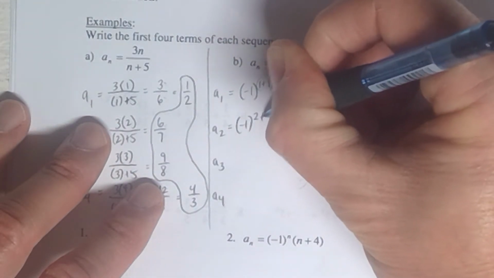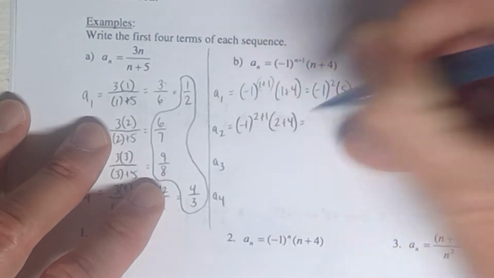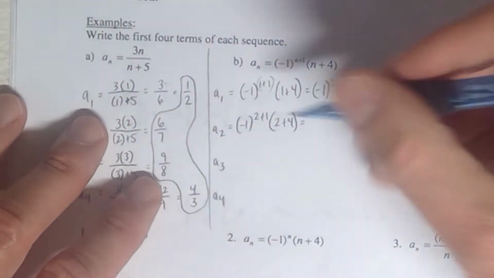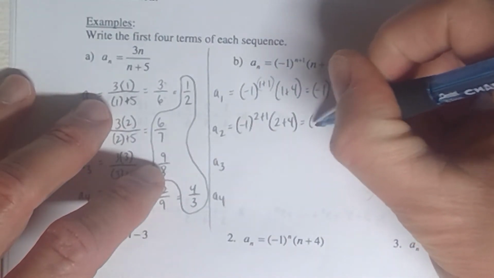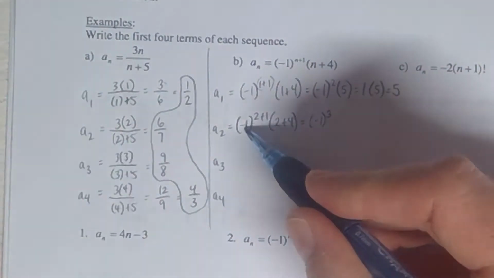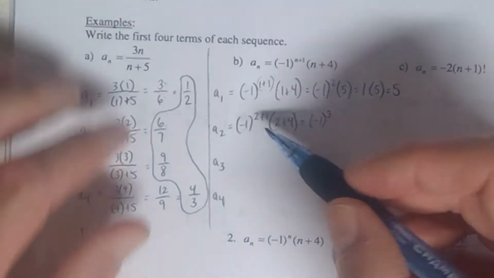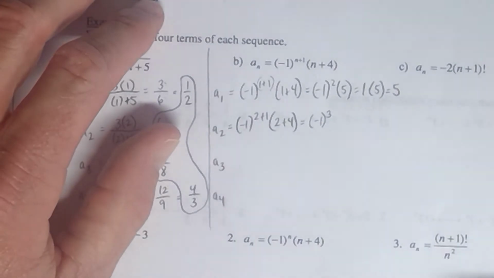A2: -1 to the 2 plus 1 power times 2 plus 4. Again, you have to do the exponent. You've got to figure out what it's equal to first. I'm not talking about -1 to that power, but actually figuring out what the exponent is first before you take -1 to that power.